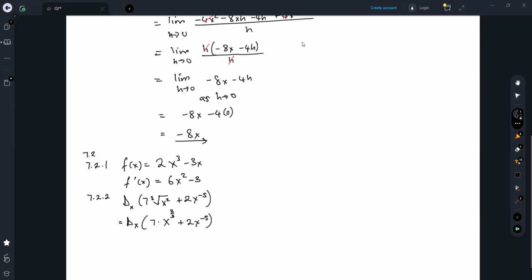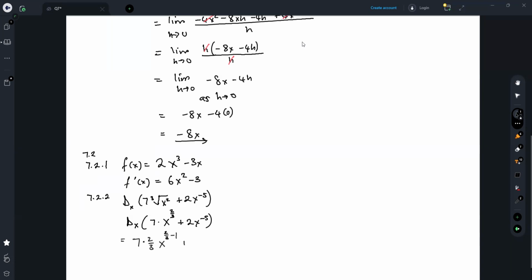So when we derive this, what are we going to have here? I'm taking the derivative of this function. So what am I going to have? I'm going to have my 7 multiplied by 2 over 3 multiplied by x, and up here I'm going to have 2 over 3 minus 1.